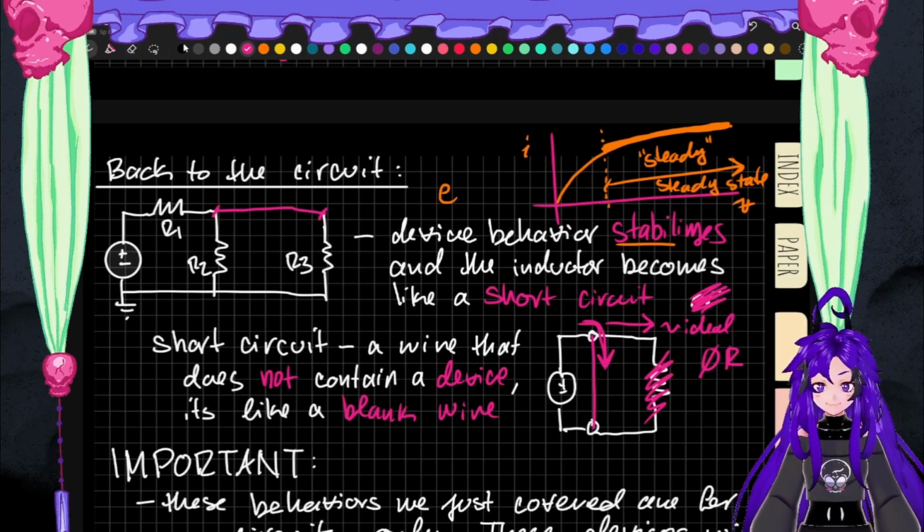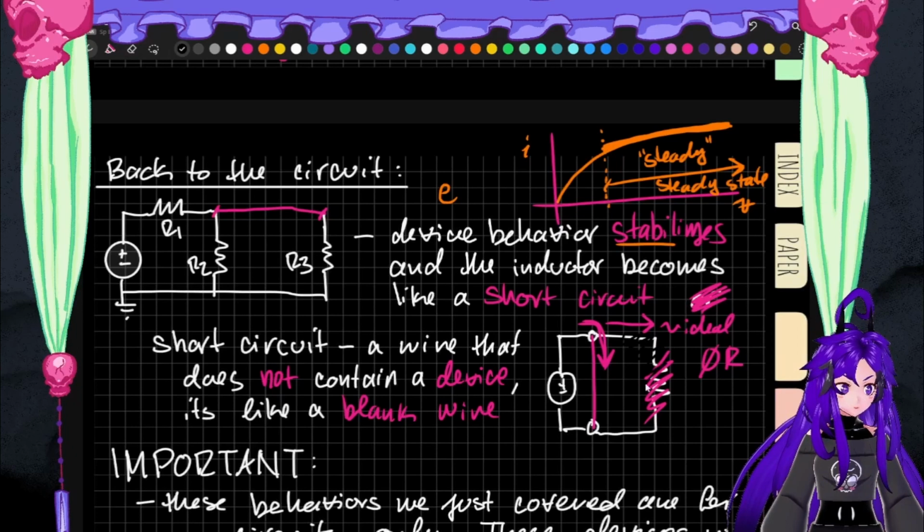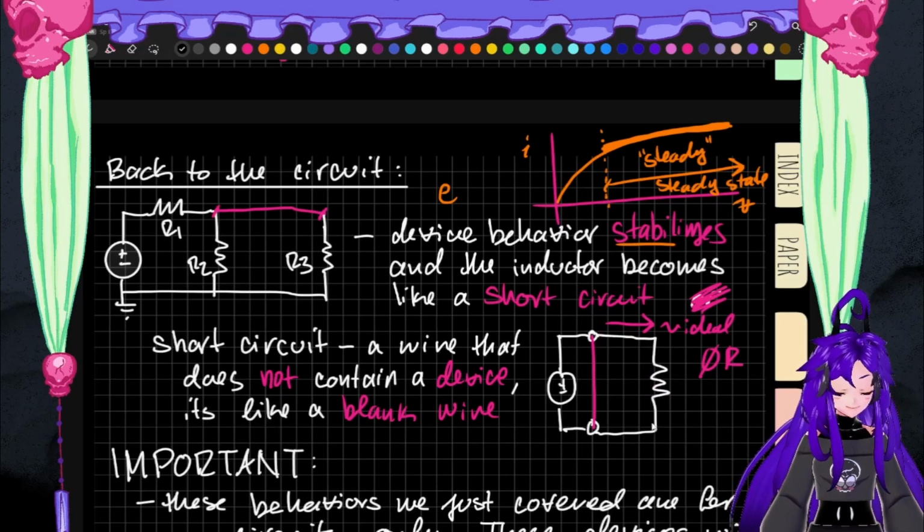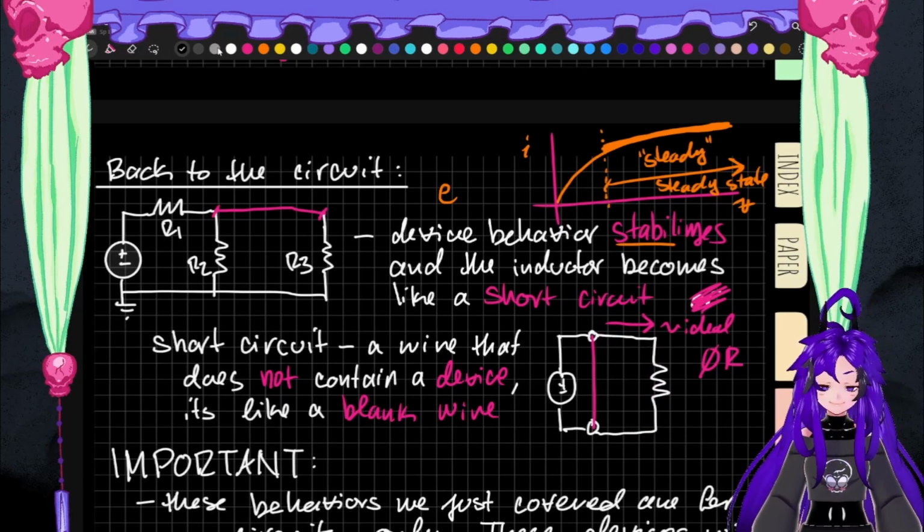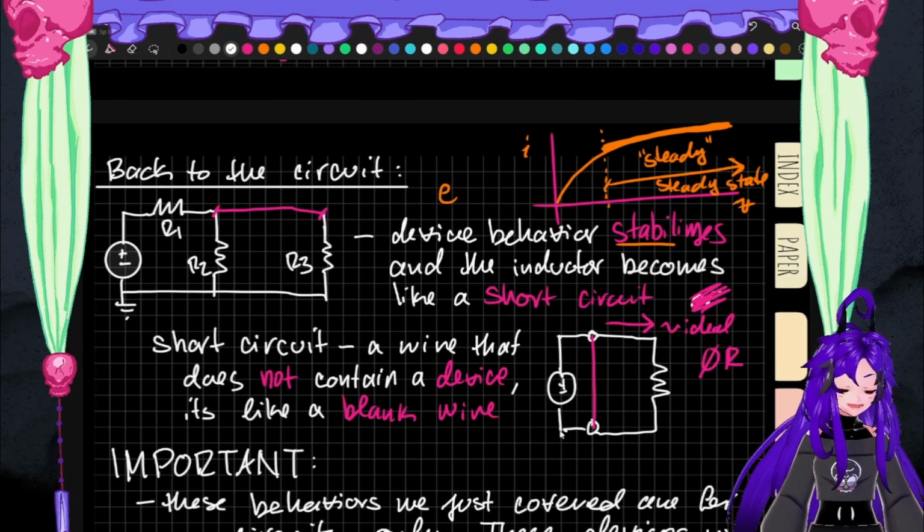Well, I don't know about you, but that looks like a much shorter circuit than it was before. It is a much shorter length of wire to be going through, right?